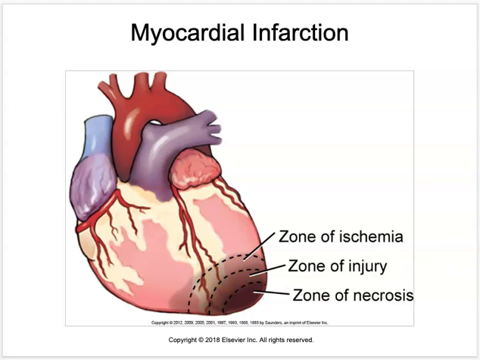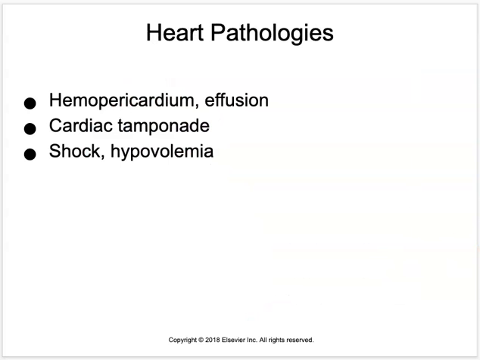All right, some more heart pathologies. We have hemopericardium. Hemopericardium is an effusion of blood in the pericardial space. So let's talk about what an effusion is, and then we'll come back to that definition. Effusion means the escape of fluid into a part such as a cavity.